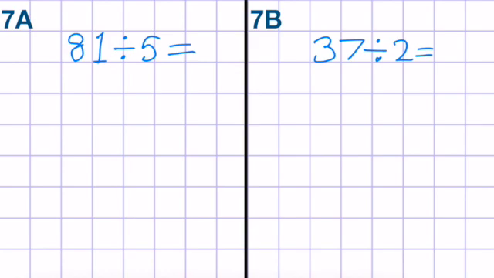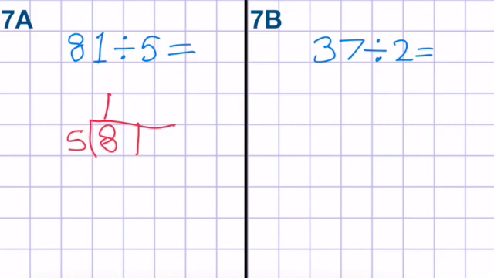Okay, you are going to divide these numbers. There is a remainder which I'd like you to express as a decimal. Press pause, then we'll do it together. 81 divided by 5. 5 goes into 8 once, and there is a remainder of 3.